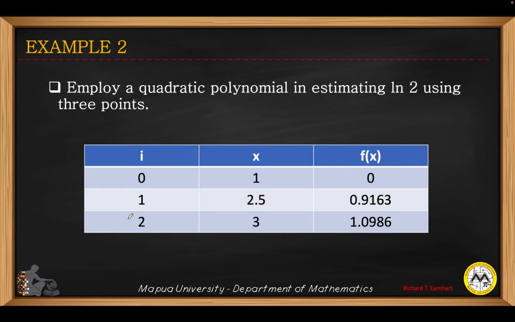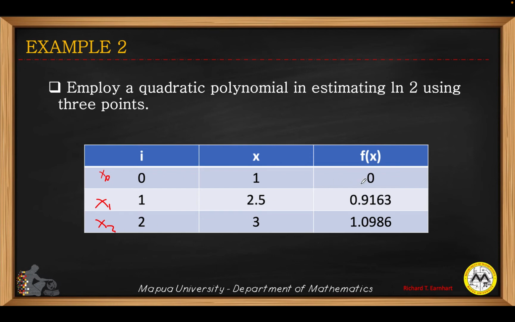Here we employ a quadratic polynomial in estimating ln of 2 using 3 data points. We are given 1, 2.5, and 3. We'll take this as your x sub 0, this is x sub 1, and this is your x sub 2.